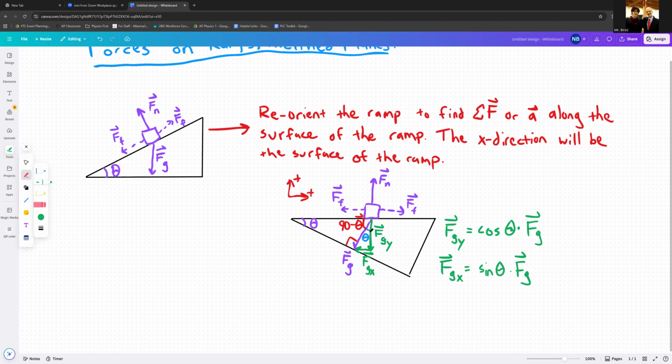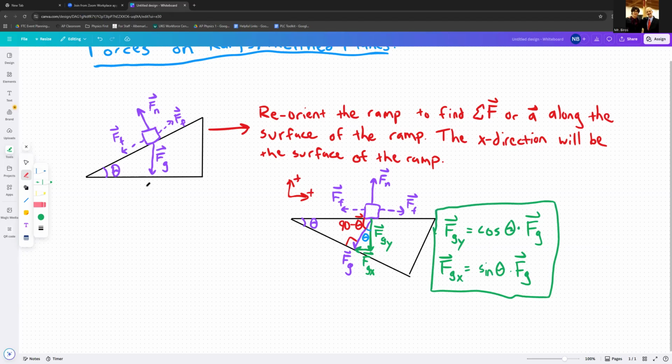Instead, if you know the angle at the bottom of the ramp is theta, which is almost always what they're giving you in a problem, saying here's the angle that the ramp is inclined above the horizontal, then simply use this, or this would be the thing to memorize.